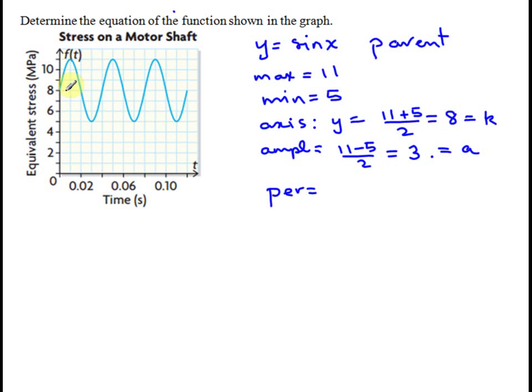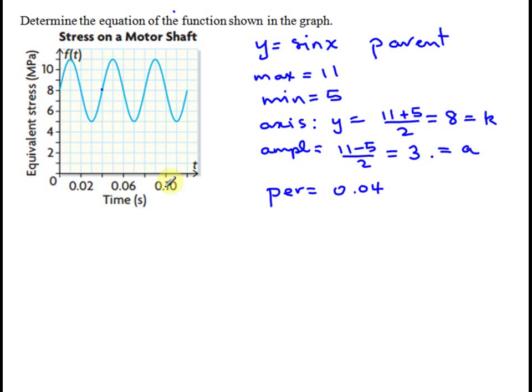Take a nice starting point, usually t equals 0 is a good place to start, and I go along and see how long it takes to complete one full cycle. At that point there, I've completed a full cycle, and I see that that's exactly between 0.02 and 0.06, so the period is 0.04 because I started at 0 and it ended at 0.04.